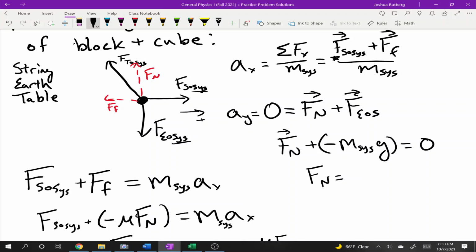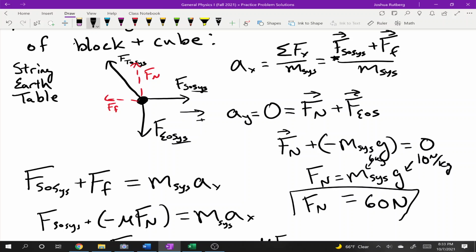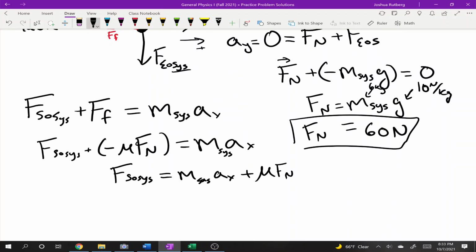Fn is equal to the mass of the system times g. The mass of the system is the combined mass of the 5 kilogram block and the 1 kilogram cube. So this is 6 kilograms. This is 10 newtons per kilogram. This becomes 60 newtons. And I can plug this in here.